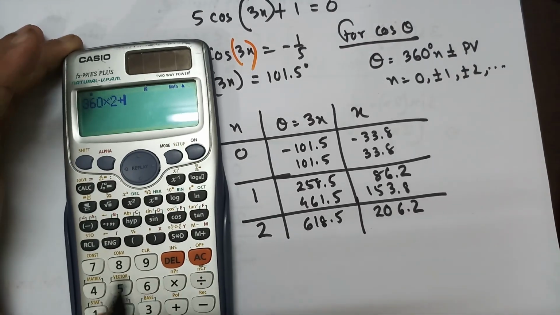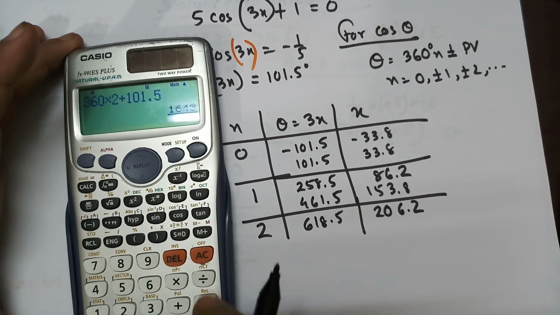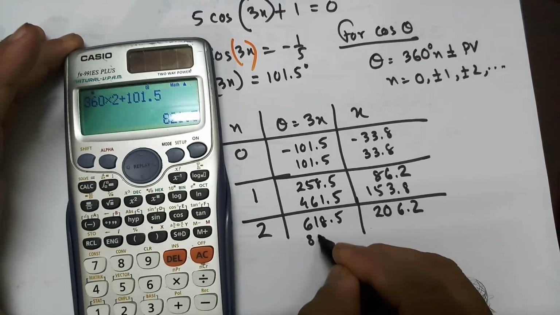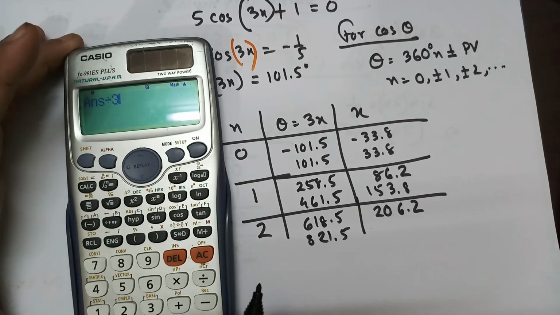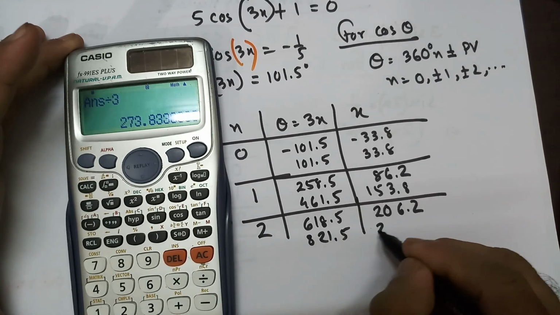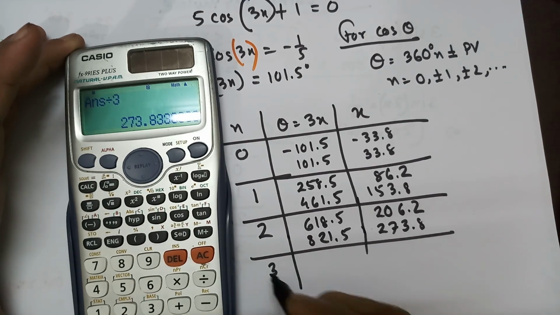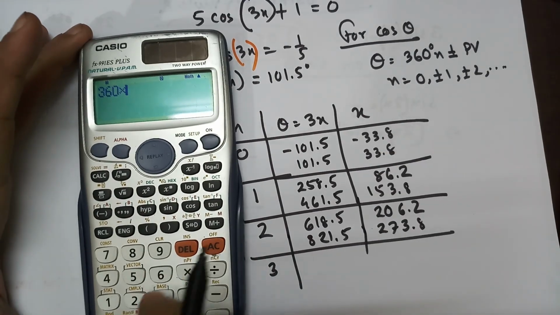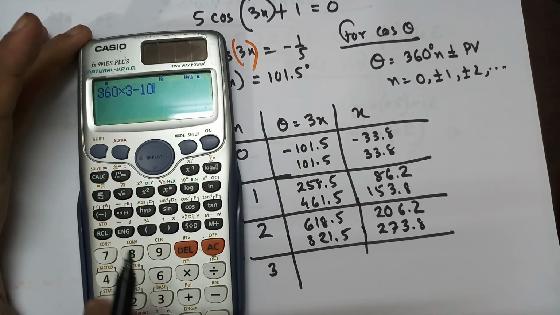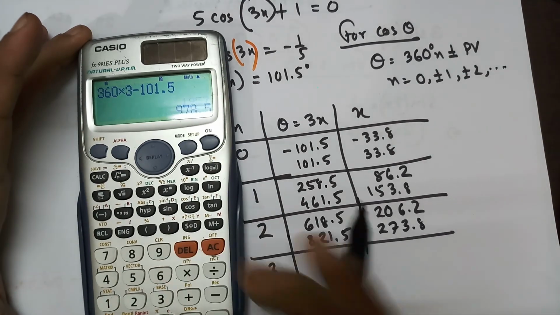Now I subtracted, now I'm going to add 101.5. So I got 821.5 divided by 3. So that's going to be 273.8.